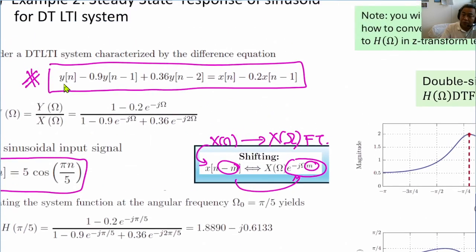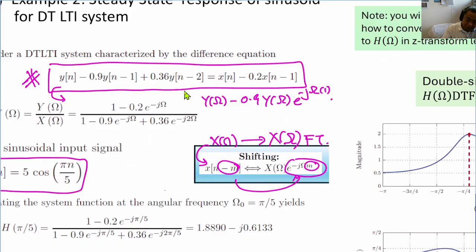And we are going to take the Fourier transform of this equation. Y of n becomes y of omega minus 0.9 y of omega, and that single delay becomes e minus j omega times 1 because it is only delayed by one sample.